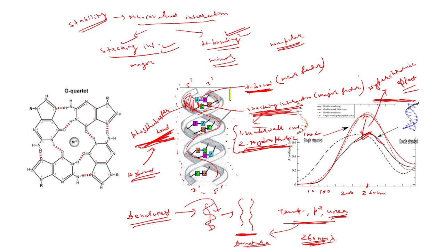The hyperchromic effect is found if the DNA is denatured, and again the viscosity and buoyancy decrease. So once the DNA is denatured, one effect is the hyperchromic effect, that means the absorption maxima increases, and another is that the viscosity and the buoyancy of DNA decrease.